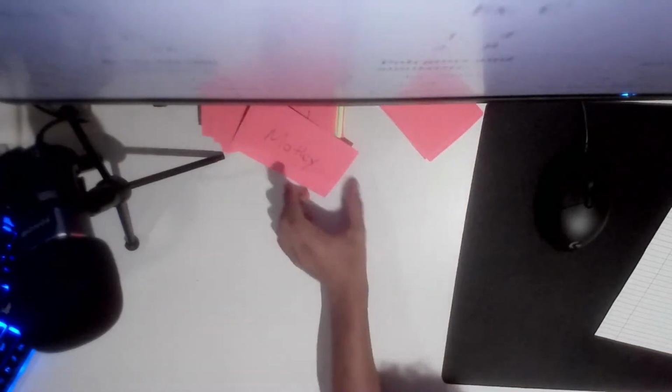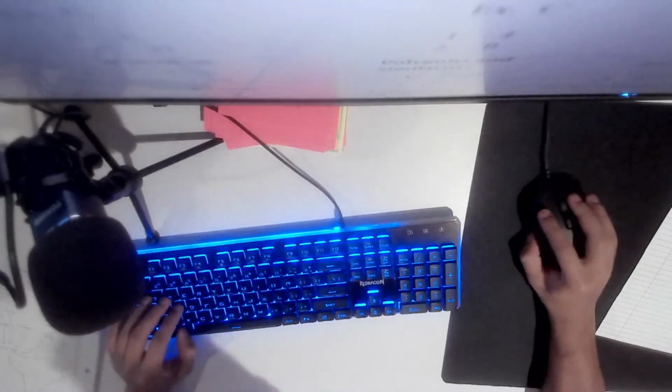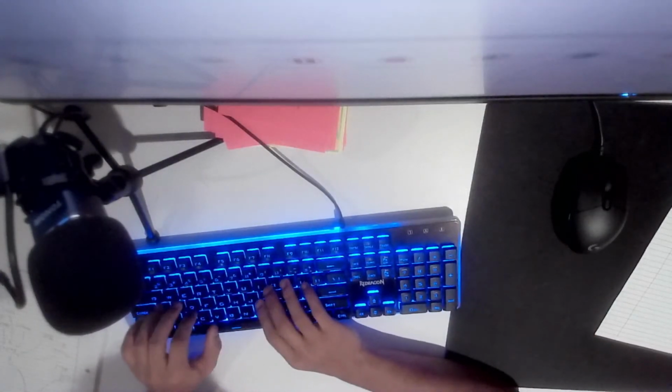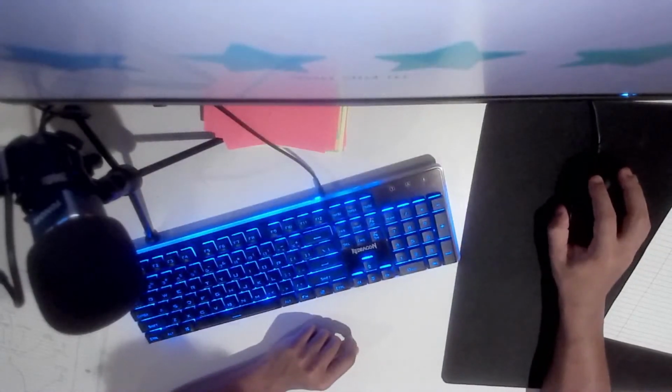Let's do some no red ink. Oh, I already have it open actually. What am I doing?